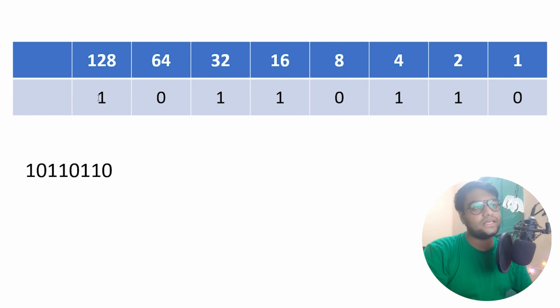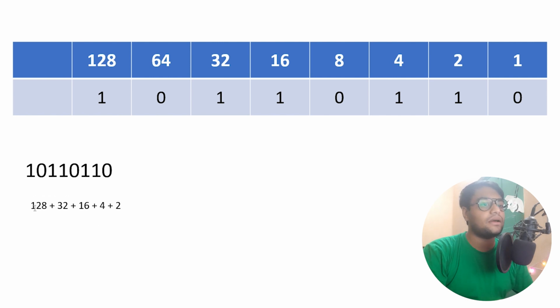The places where you find a 1, you just add the numbers on top. Here I have a 1 at the bottom of 128, so I will add 128. Let me take a text tool. So I will add up 128 plus 32 plus 16 plus 4 plus 2.